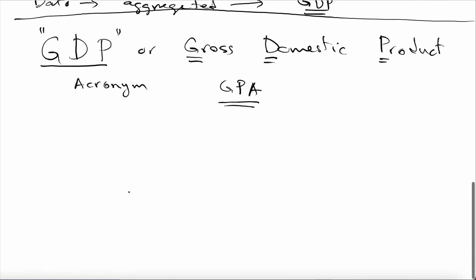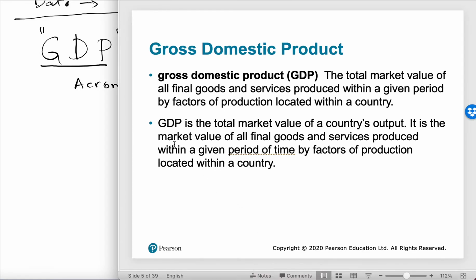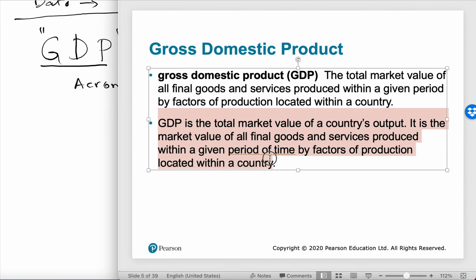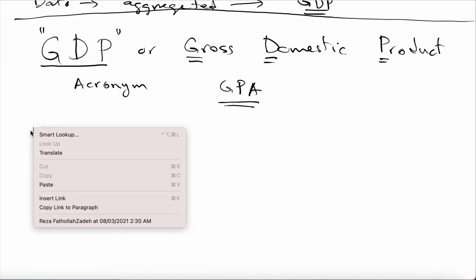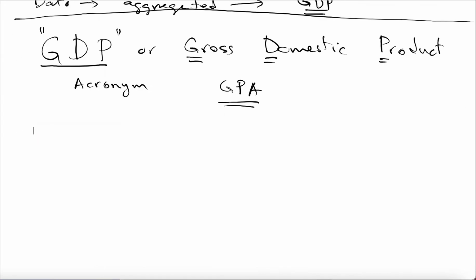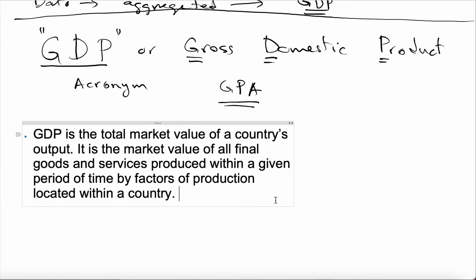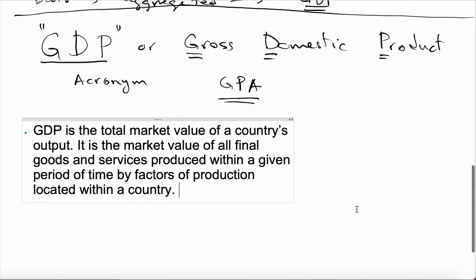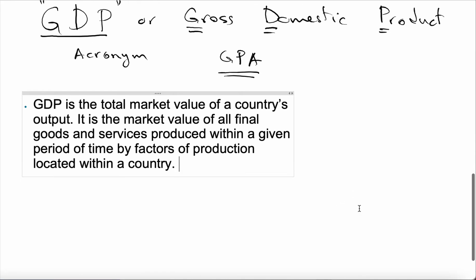Okay, what is it? In the first slide, I put the definition. So this is the definition of the gross domestic product. If you want to basically know a definition, you have to pick up the keywords.